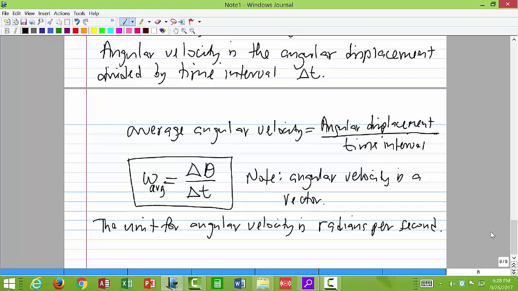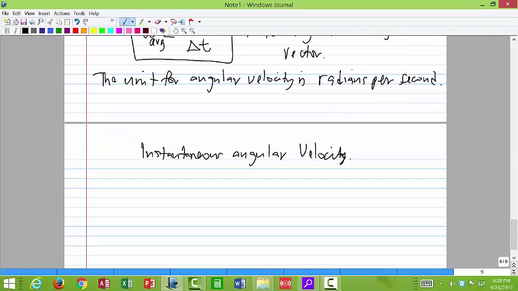So having found our average angular velocity, we can look next at instantaneous angular velocity. So I'll put that on the next frame. Instantaneous angular velocity, of course, is average angular velocity in a very short interval of time. Just like we did for linear velocity, when we wanted to find instantaneous velocity, we shrank the time interval to a very tiny point, and that gave us our instantaneous velocity.